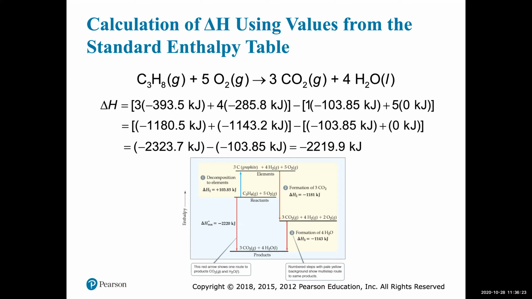All of that is negative because we have to change the sign, because we're not forming those, we're decomposing those. And then we get our final answer. So we're able to take information we know about the individual steps and get to a delta H for the overall reaction.